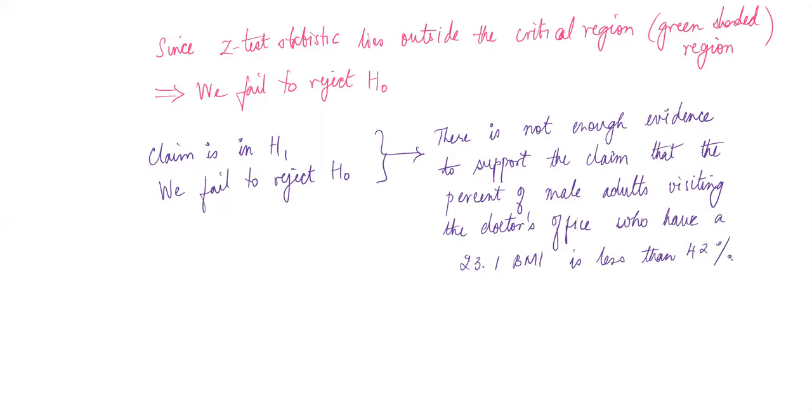So we do not have enough evidence to support this claim that the adult male with BMI 23.1 is less than 42%. So we fail to reject H0. Therefore, we have not enough evidence to support the claim.